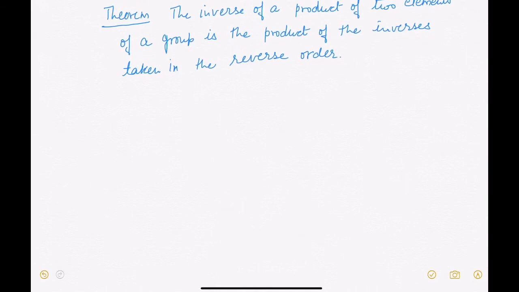Meaning, AB inverse is the same as B inverse A inverse for all A and B belonging to G.